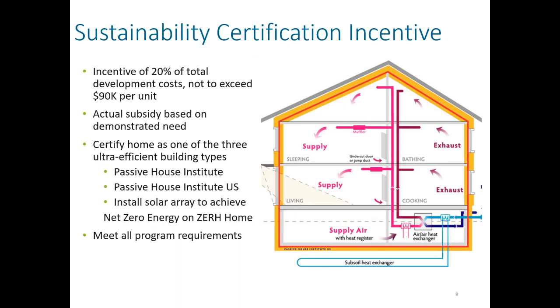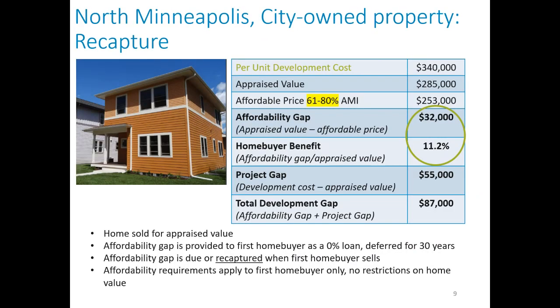So that would be either Passive House Institute, Passive House Institute US, or effectively making a home net zero by installing a solar array, which is solar panels on the roof of the home. There are additional requirements, and I'm happy to answer any questions if there are specific ones about that a little bit later once we get to that point in the presentation.